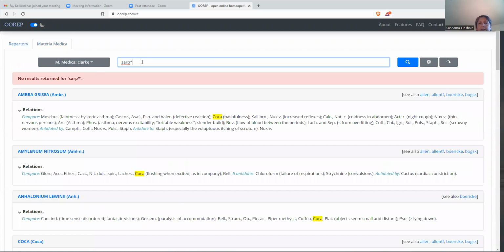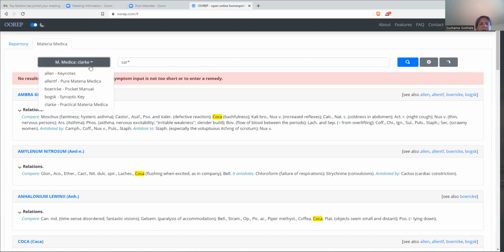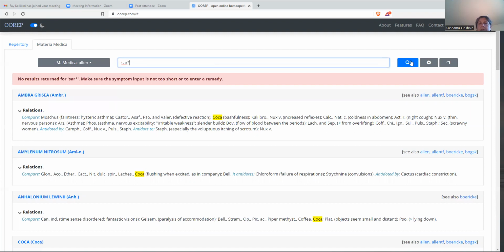Sarsaparilla. Why is this not? Okay, because I didn't hit search. No results returned for this. Let's look at Boericke. Let's look at Allen's keynotes.